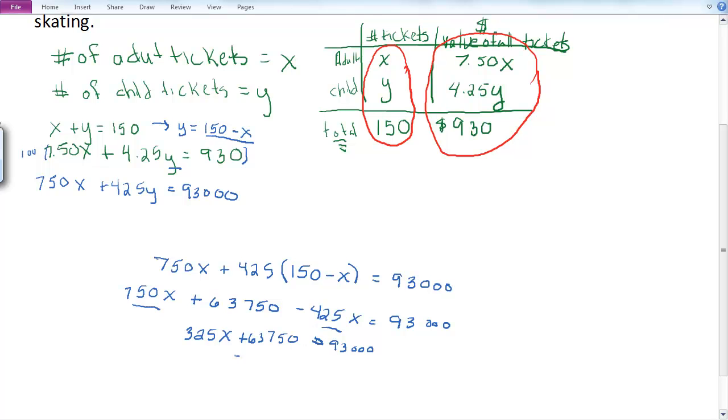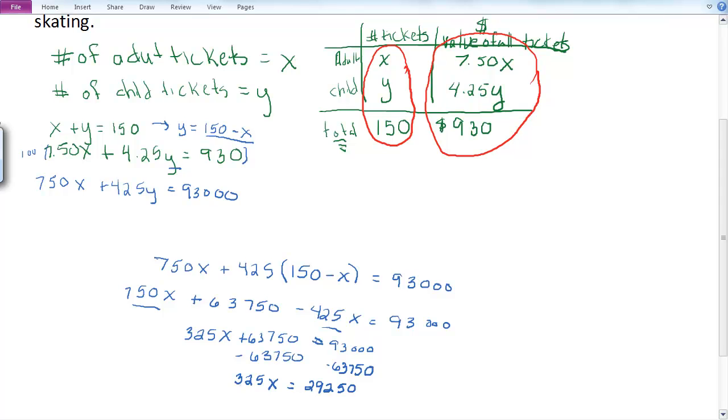And we just keep solving. 63,750 will subtract from both sides. All right, so now what I've got is 325x is equal to 29,250.